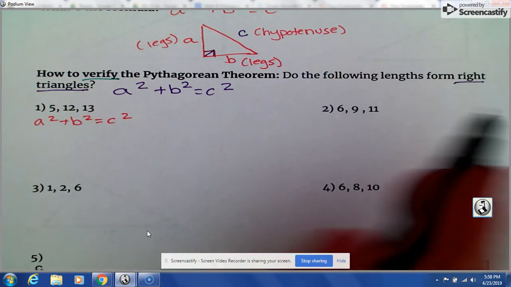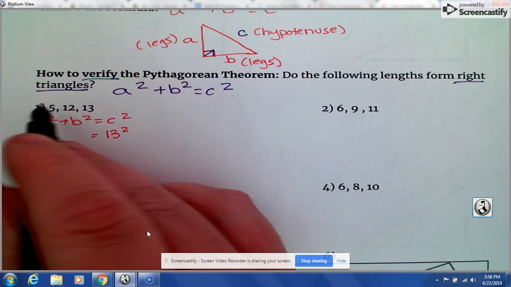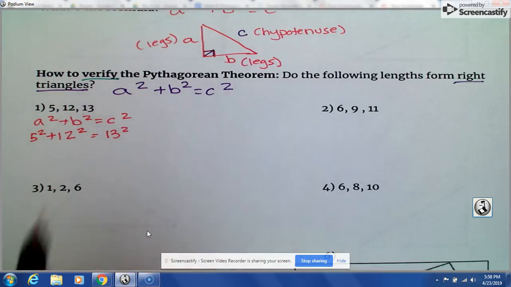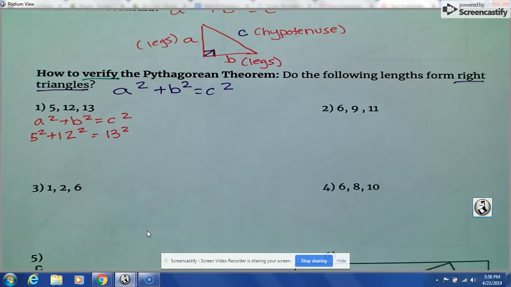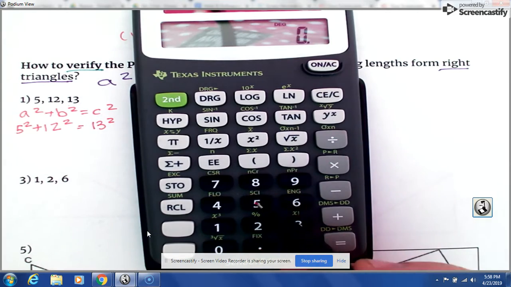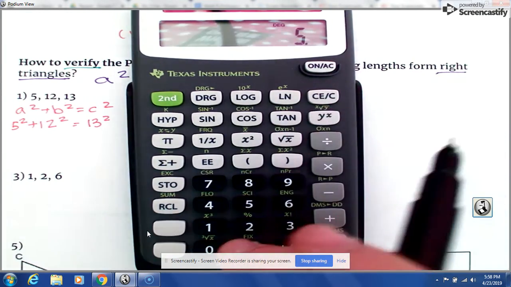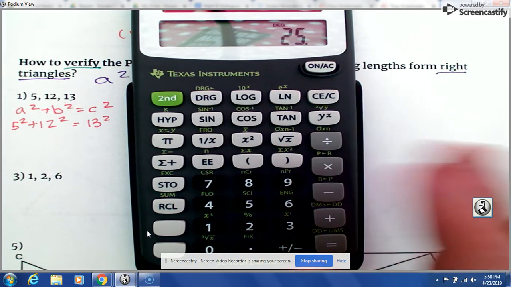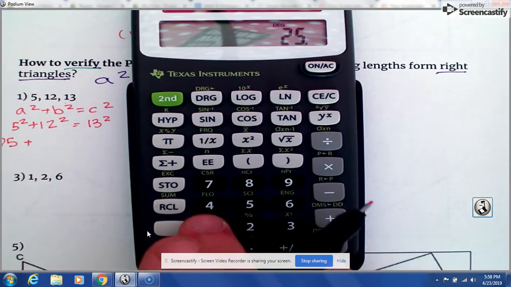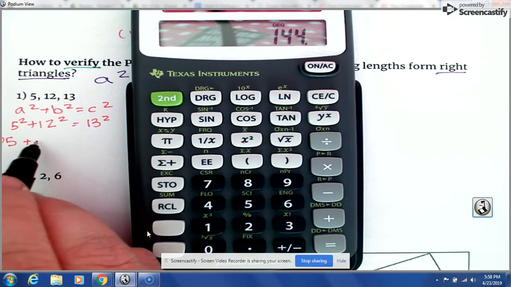C is the longest side, so 13 is the longest side. And then A and B you can just put wherever, those don't matter as much. Okay? So using my calculator, just to show you, 5 squared, I could push that button in 2 if I wanted to, equals, don't forget equals, that's 25, or 12, some people prefer that button, does it automatically, so there's 144.